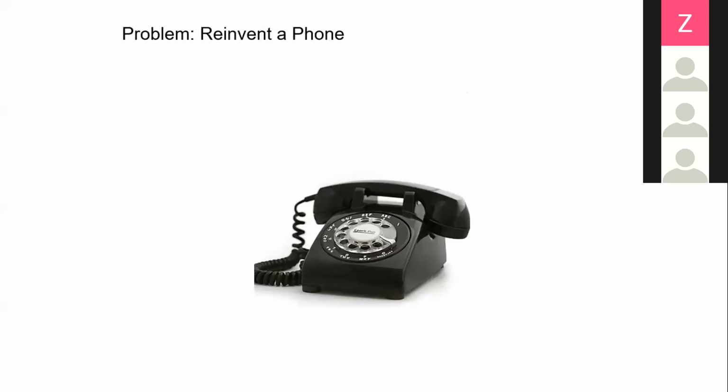Now, if the problem given to me is to reinvent a phone, and I am in that kind of state of mind where the creative juices are not flowing, I am unable to just think of a solution. How do I reinvent this phone? It's a decent looking phone. It is working fine.